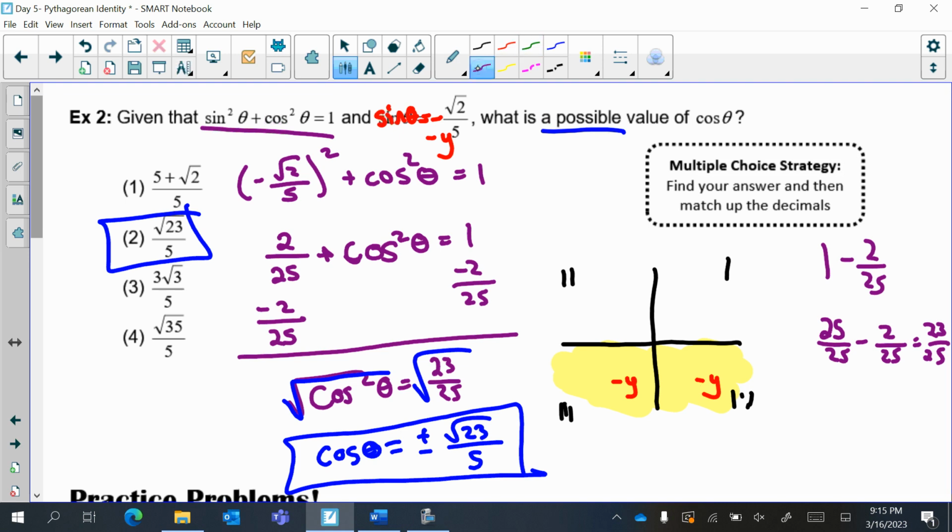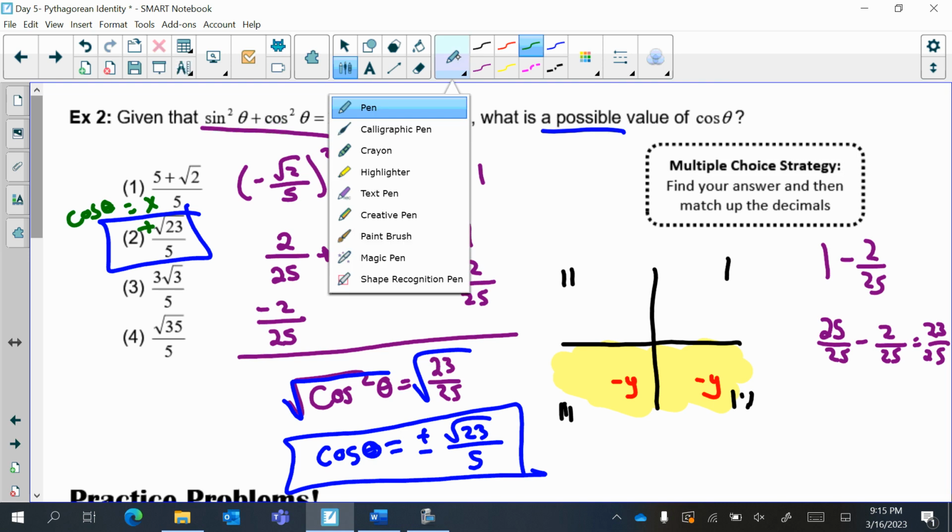Now, in this case, let's go with the answer they gave us. They gave us a positive cosine. Well, cosine resembles x. If you're on a unit circle, cosine is x. Now, we have a positive x because the answer choice is positive.